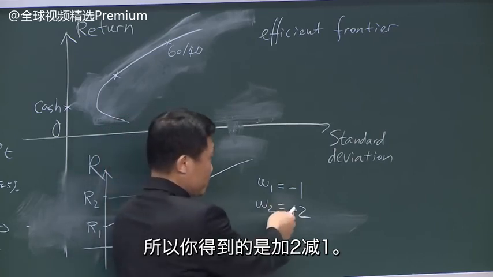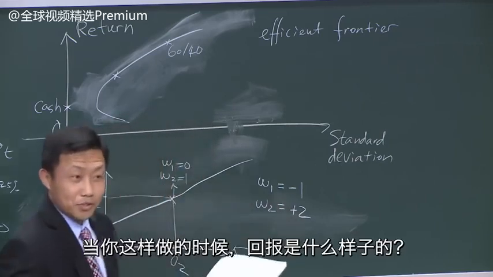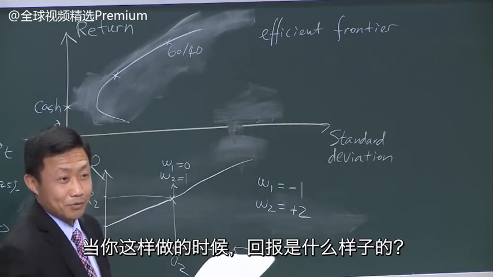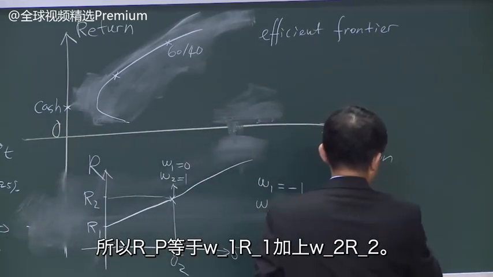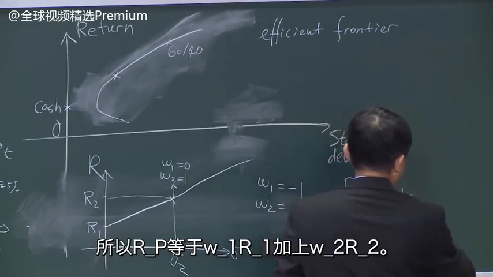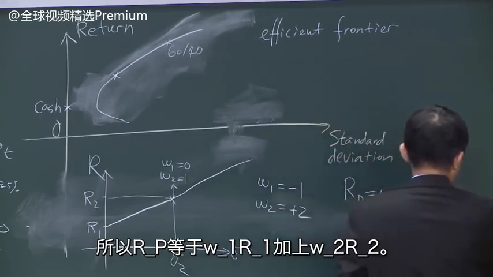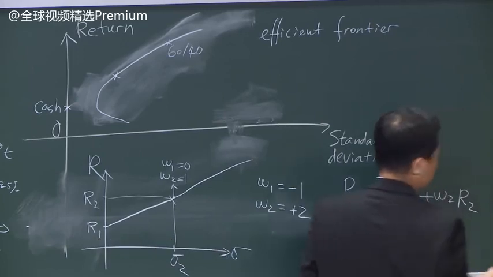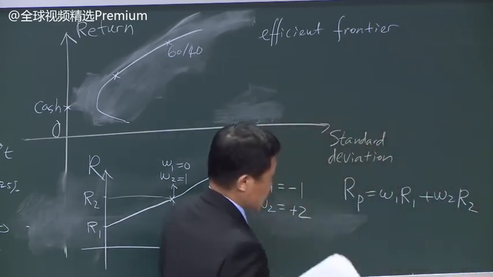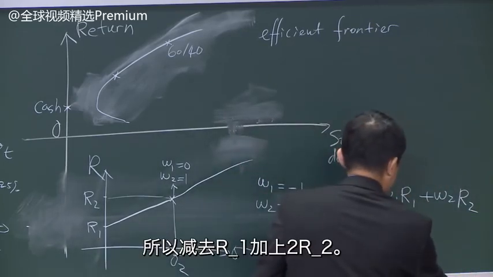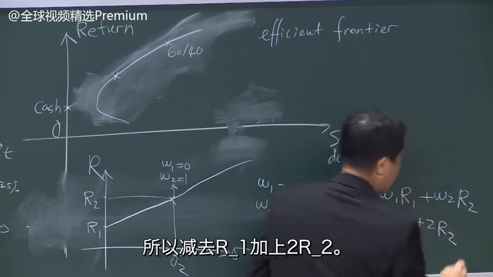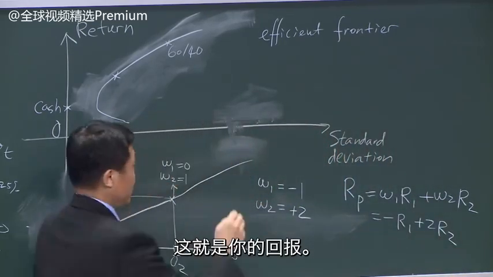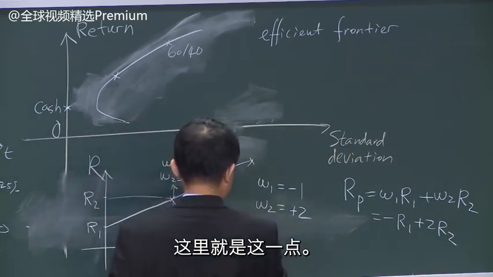So you have plus 2, minus 1. What does the return look like when you do this? RP equal to W1 R1 plus W2 R2. So minus R1 plus 2 R2. That's your return. It's this point here.